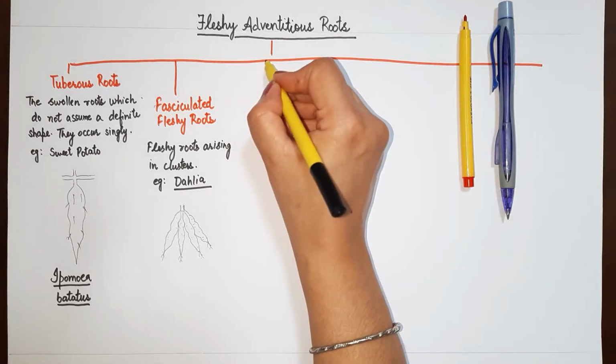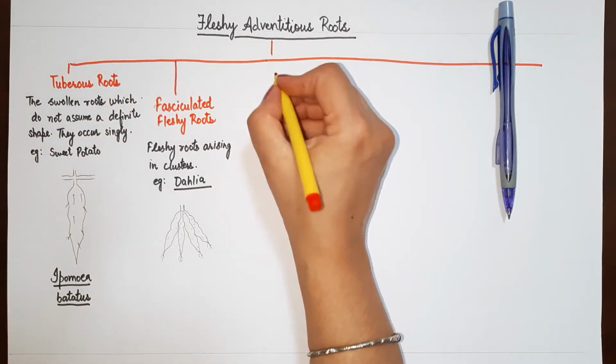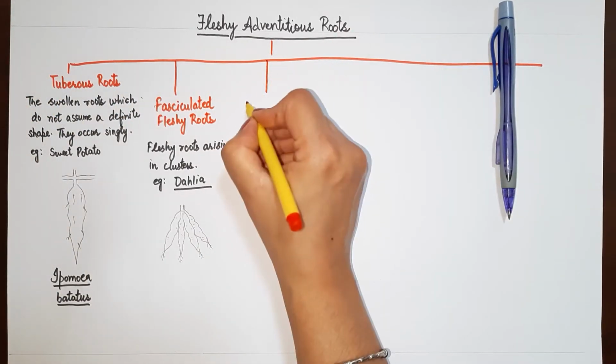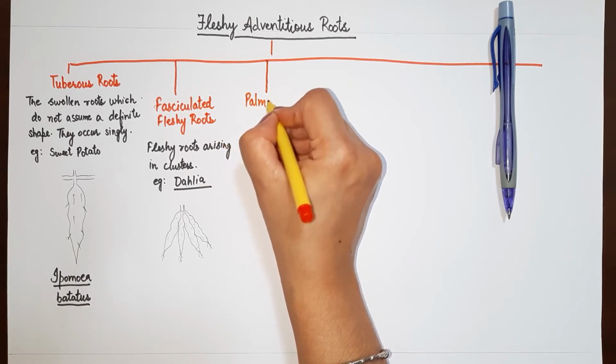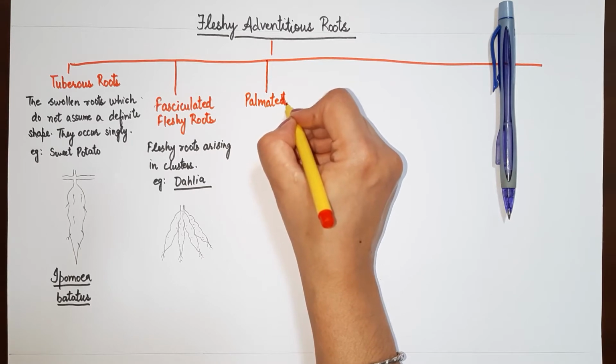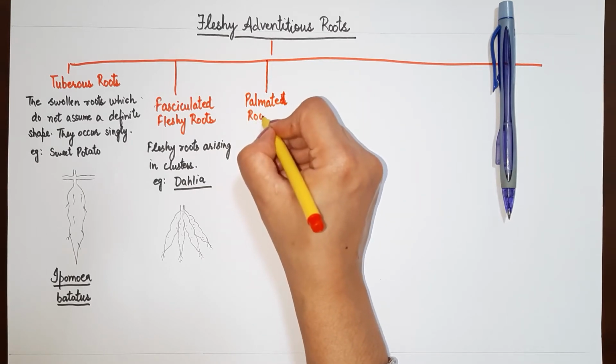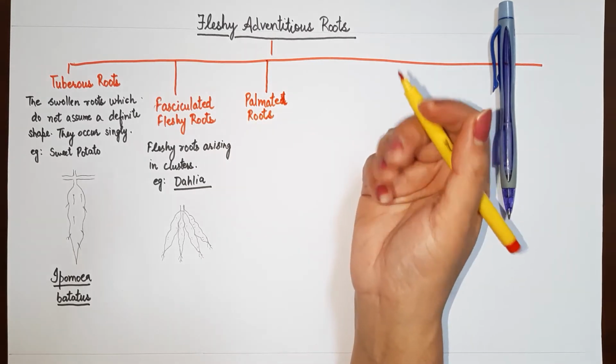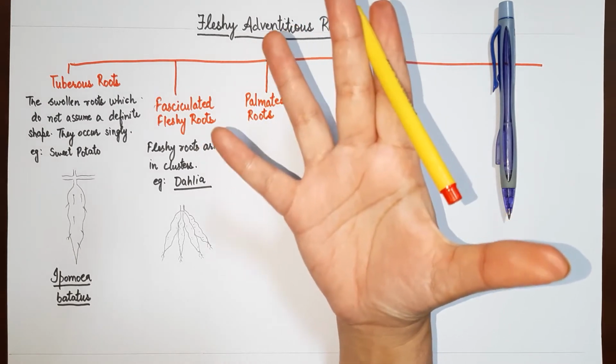Now the third category is palmate roots. It's palmate, no D. Palmate means which gives the appearance of palm, hand like.